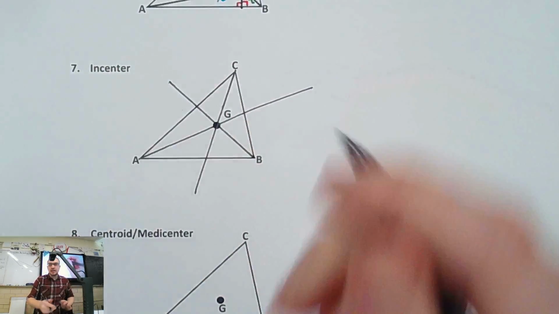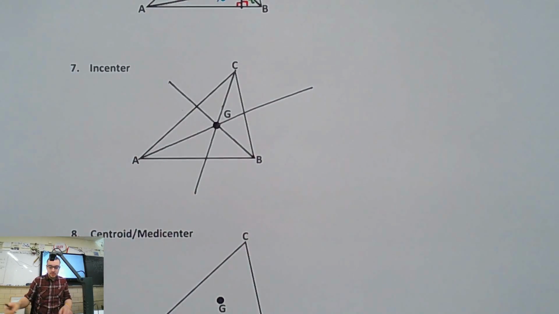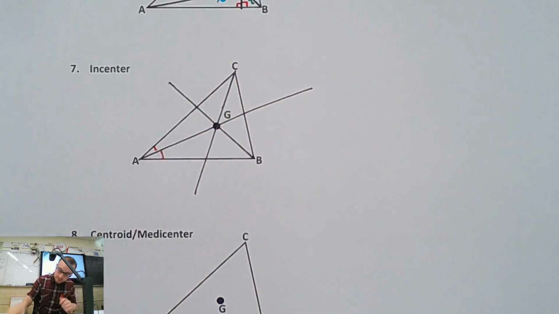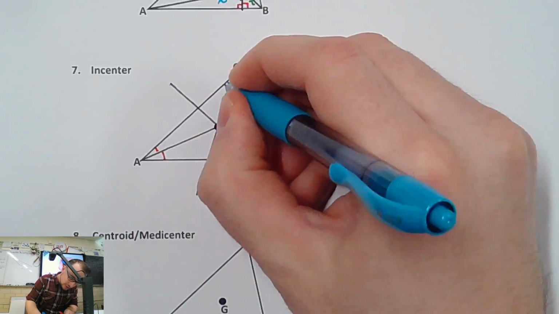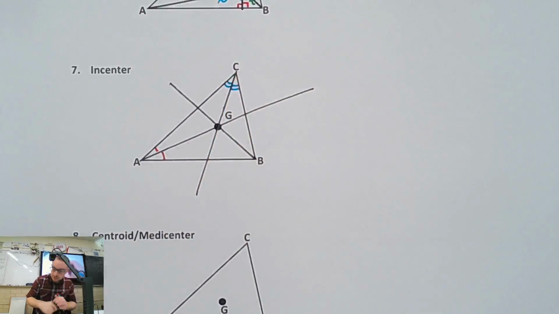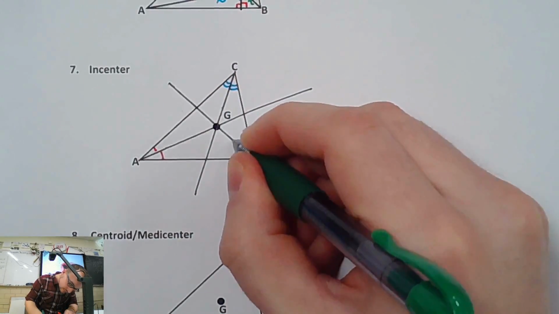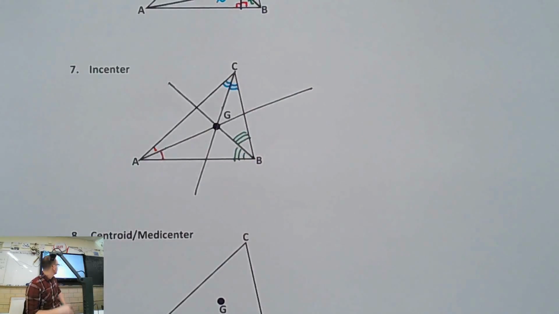And kind of shows you that it wasn't about them hitting any point on the triangle. It was just that, look, they cut these angles in half. So make sure you mark your angles as such. Remember, if you're not using color, use double bands and triple bands. So those angles are all cut in half, right? So we've got angle bisectors.